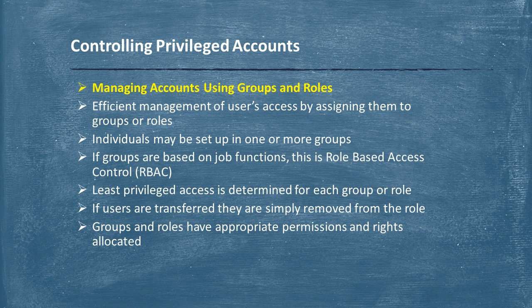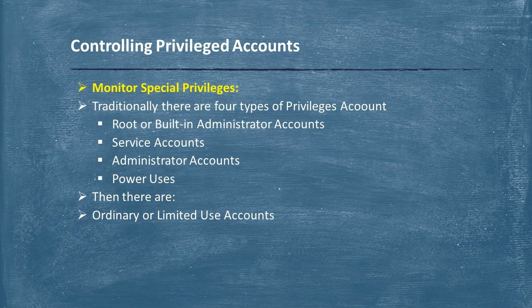Least privileged access is determined for each group or role with the help of the owner or as per the policy. If users are transferred, they are simply removed from the role. No longer should they be kept in that role. Groups and roles have appropriate permissions and rights allocated. Whatever is required for that group and role is allocated only on a least privileged basis.